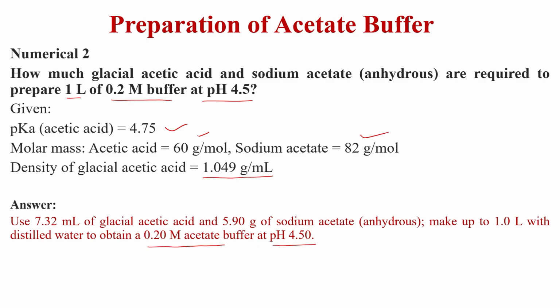So take 5.9 gram of sodium acetate, 7 ml of glacial acetic acid, make up the volume to around 900 ml, less than the 1 liter, and then you adjust the pH using 320 microliter of the remaining glacial acetic acid.